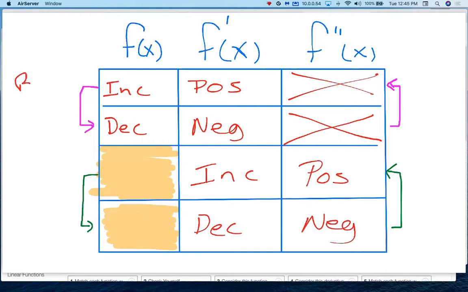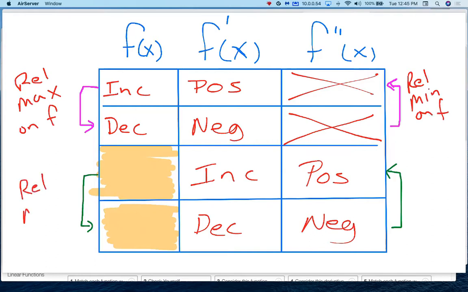Here, we have a relative max on F. Going from this one to this one is a relative minimum on F, and then this one is a relative maximum on F prime, and this would be a relative minimum on F prime.